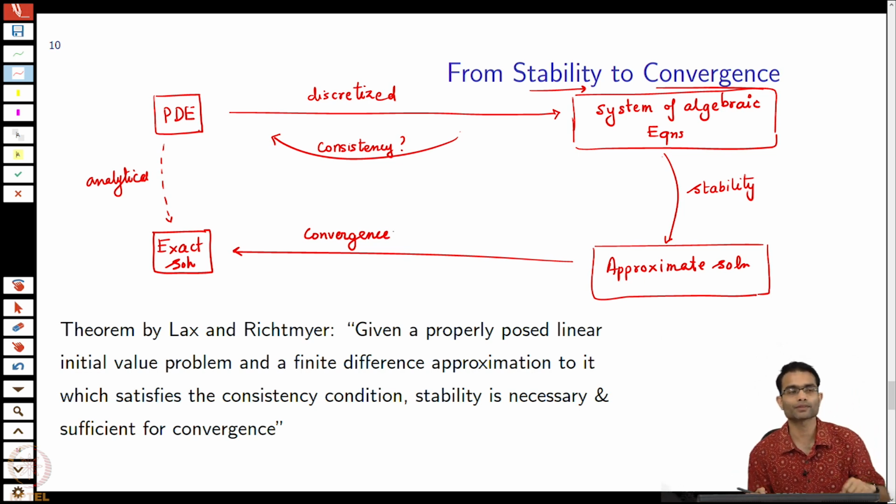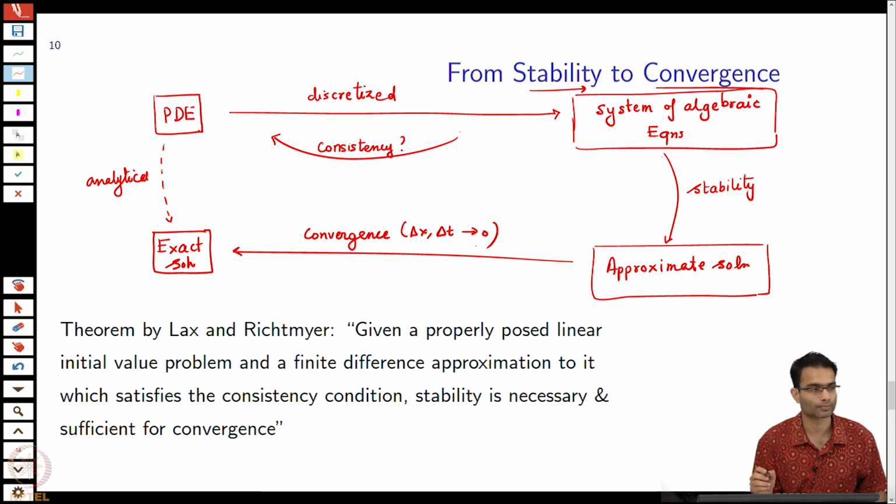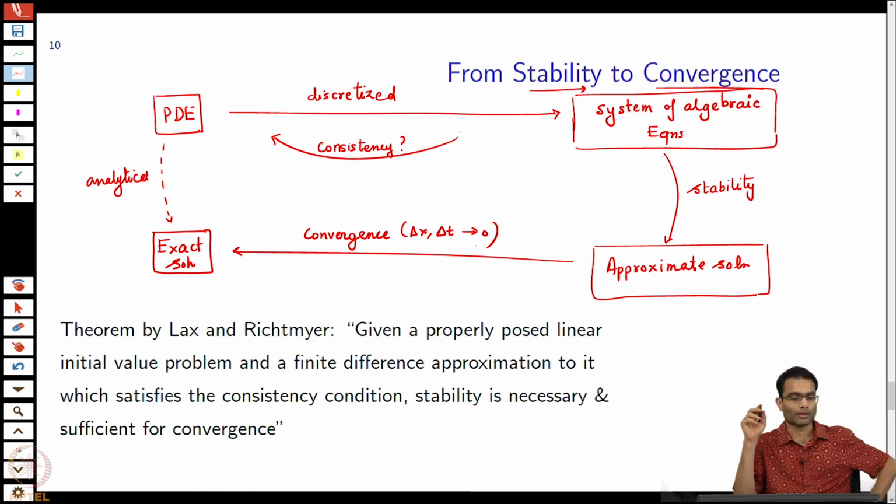Mathematically, how will I write convergence? Under what conditions will an approximate solution converge? You can say delta x, delta t tending to 0, that is when I will get the true solution. In real life, do I actually have a true solution to compare convergence with?